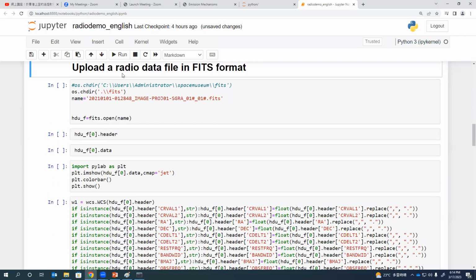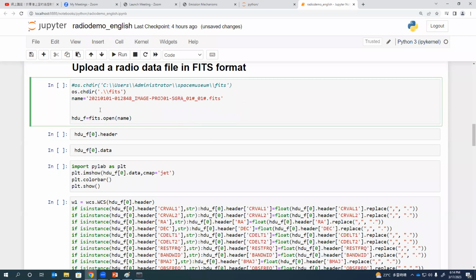Next we need to upload a radio data file. Can you see this red color data file? This is what we captured in our Hong Kong sky in 2021, the image for Sagittarius A, corresponding to our Galactic Center, Sgr A dot fits.